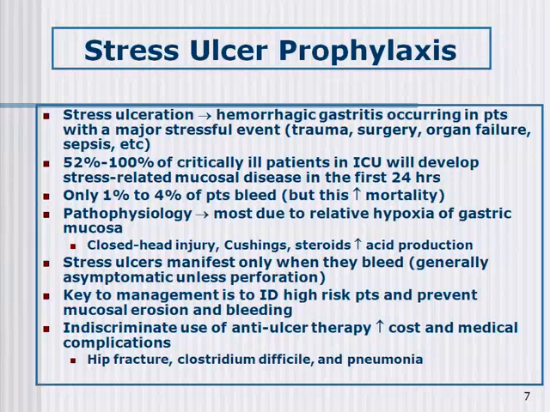Now, indiscriminate use, and I mean indiscriminate in terms of giving everyone a stress ulcer prophylaxis, not only is costly, but we know that there unfortunately is a link between starting preventative ulcer prophylaxis in the hospital and a continuation of that therapy in the outpatient setting.